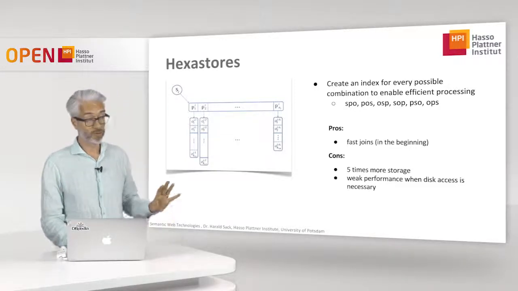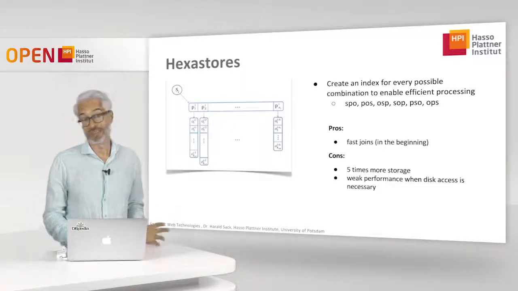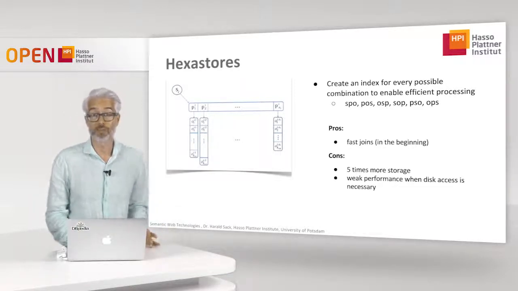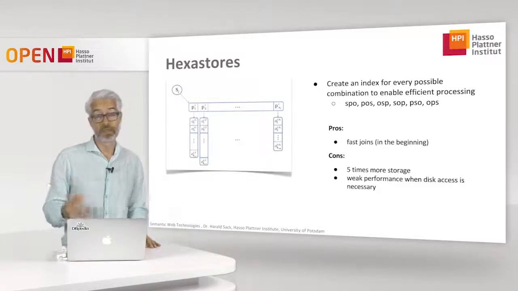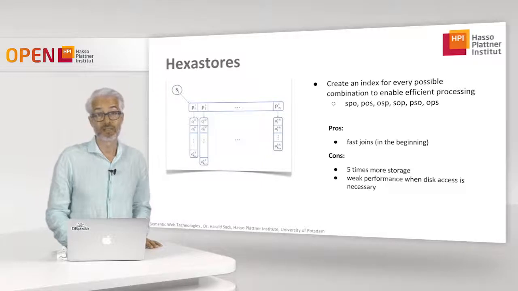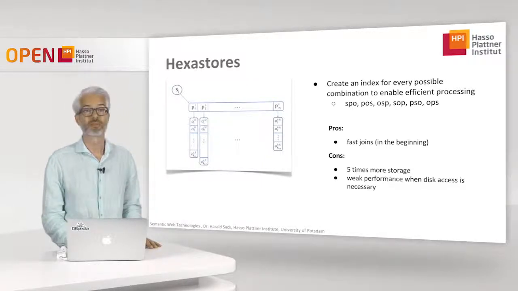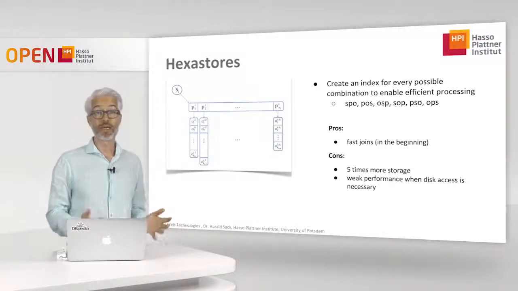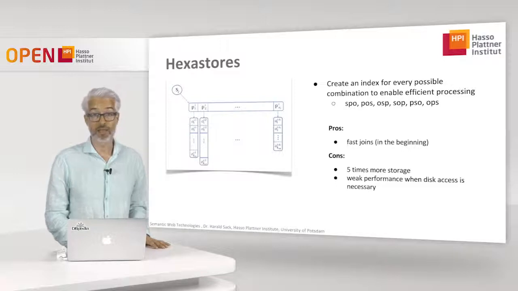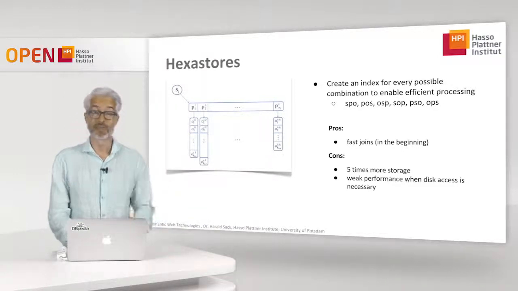Of course, the performance gets worse when you require more storage, especially if you require more storage than is available in your main memory. If you have to switch to disk, then like for almost everything, performance drops, and you might end up in problems. But these hexastores are another possibility to speed up the processing within a SPARQL RDF store which is based on a relational database management system.